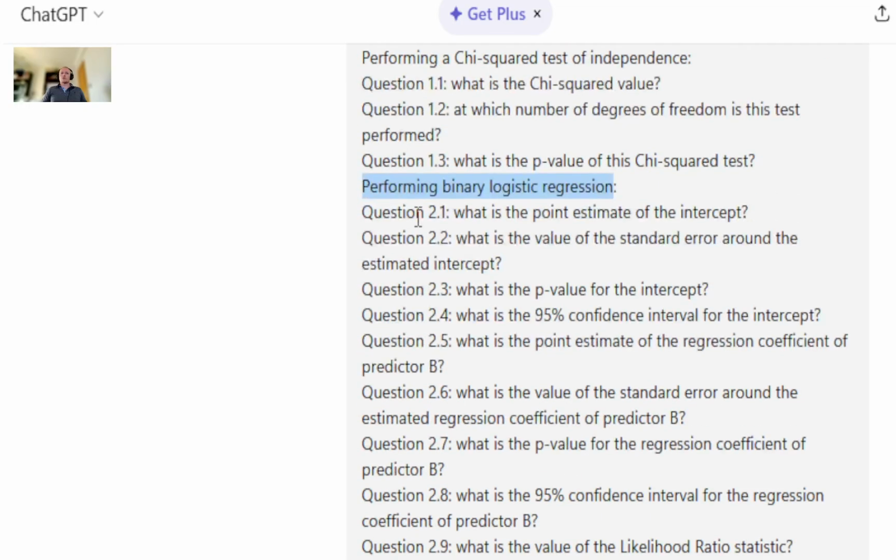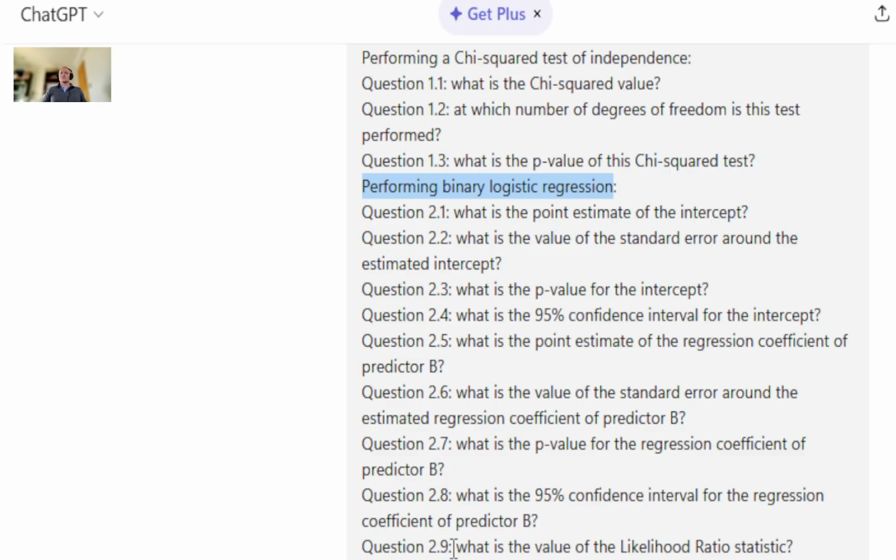So we have a bunch of questions here, 2.1 to 2.11. 2.1, what's the point estimate of the intercept? 2.2, the standard error around that. 2.3, the p-value for the intercept. 2.4, the 95% confidence interval for the intercept. 2.5, the point estimate of the regression coefficient of predictor B. 2.6, what's the value of the standard error around the estimated regression coefficient of predictor B. 2.7, what's the p-value for the regression coefficient. 2.8, the 95% confidence interval.